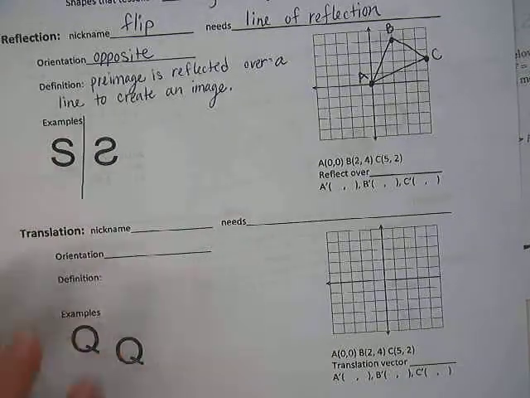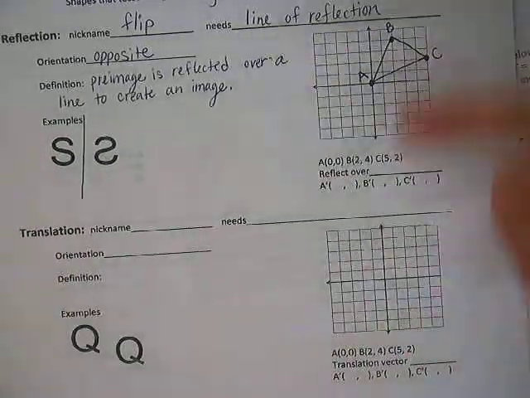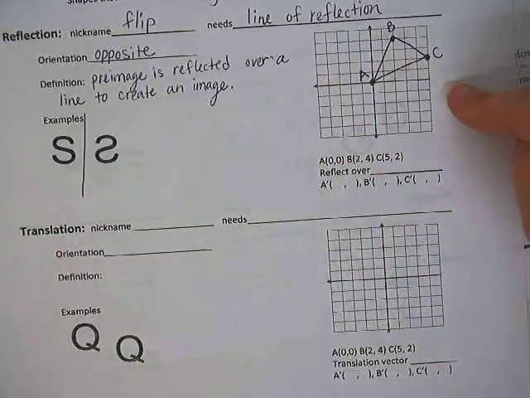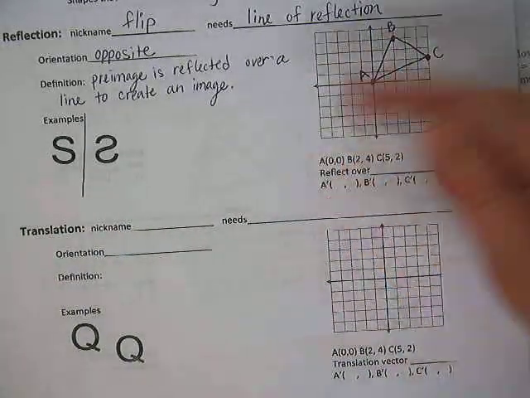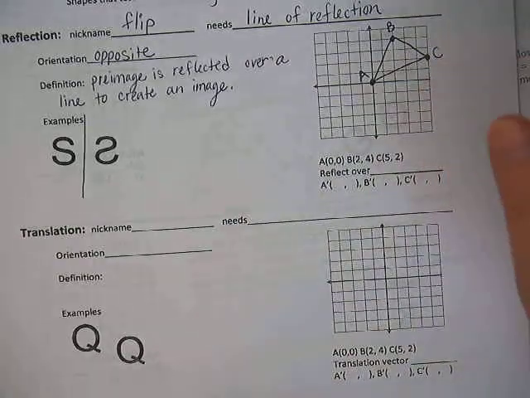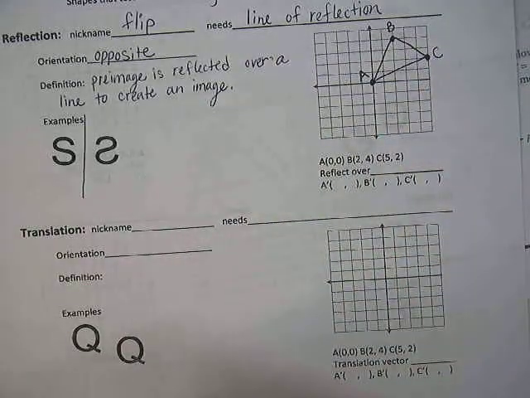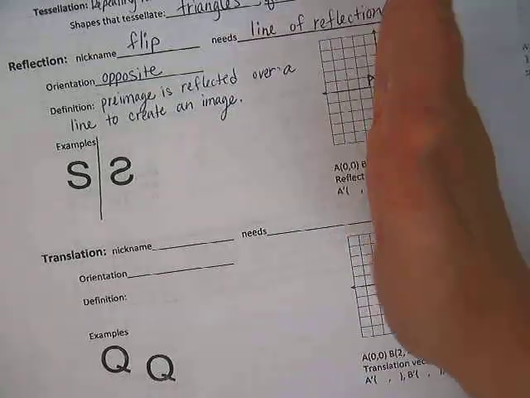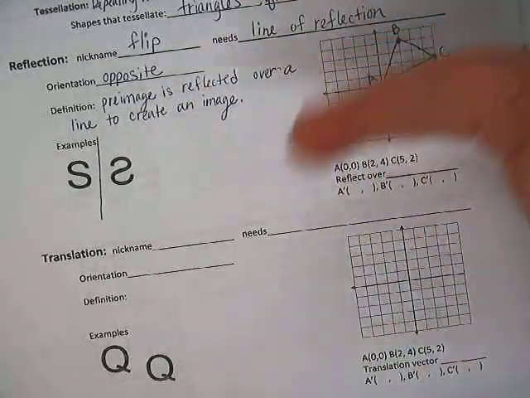We want to take that pre-image and reflect it over a line. So we need to choose somewhere to reflect it. We could reflect it over the x-axis if you want. We could reflect it over a horizontal line or a vertical line or even a diagonal line. That would be harder. So let's just do some sort of vertical or horizontal line.